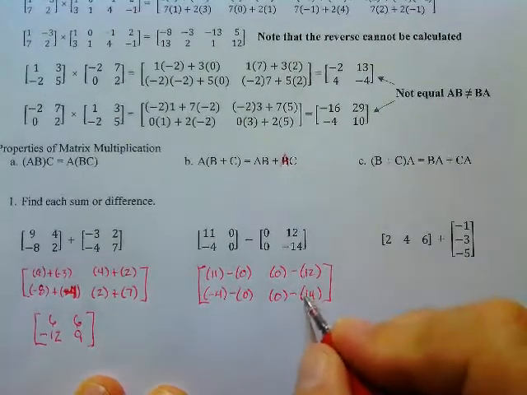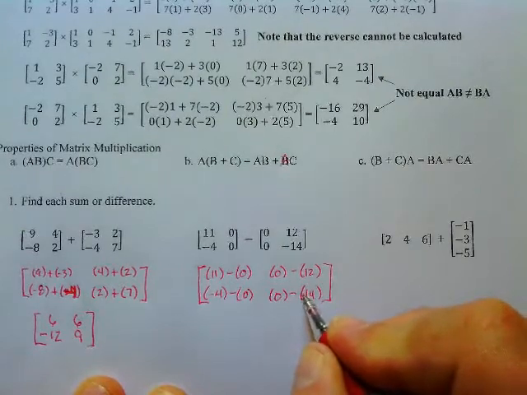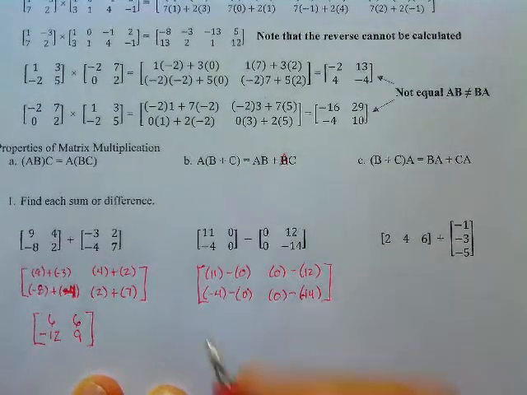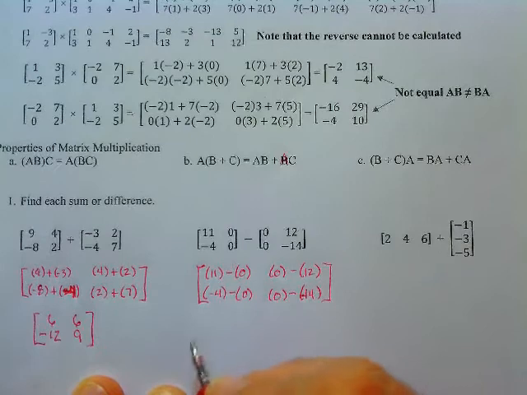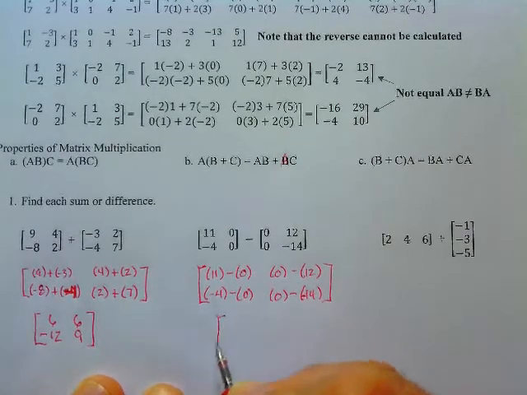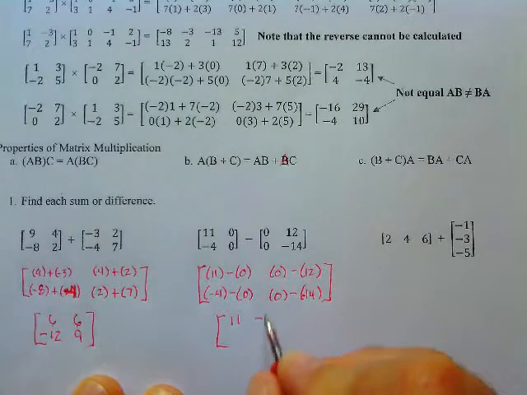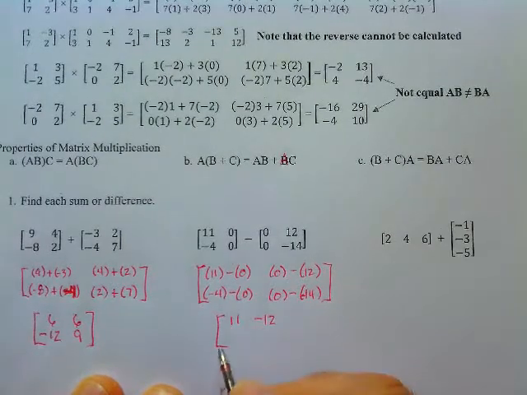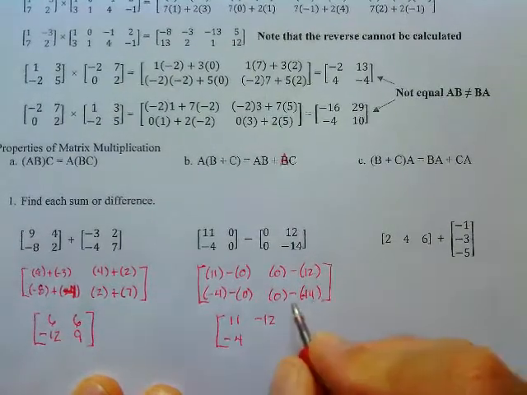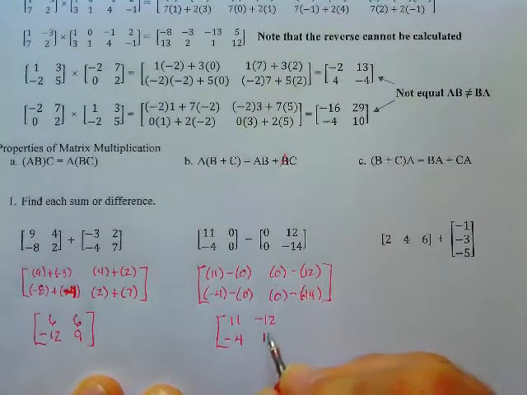Oh, that's a negative 14. You got to watch those signs. And so we end up with 11, negative 12, negative 4, positive 14.